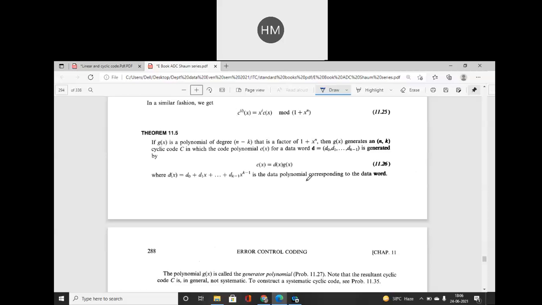See, data will always be given in the form of zeros and ones. Okay, you have to change it into polynomial form. So data word d is equal to d0, d1 till dk minus 1 is generated by C of x is equal to d of x into g of x.